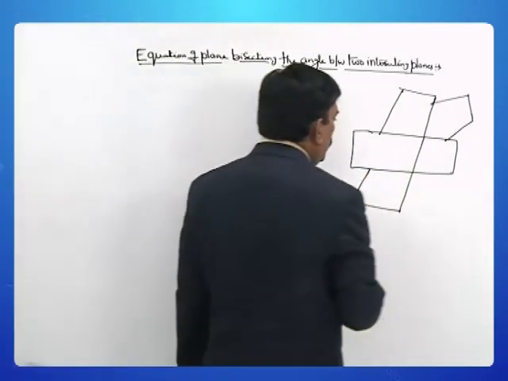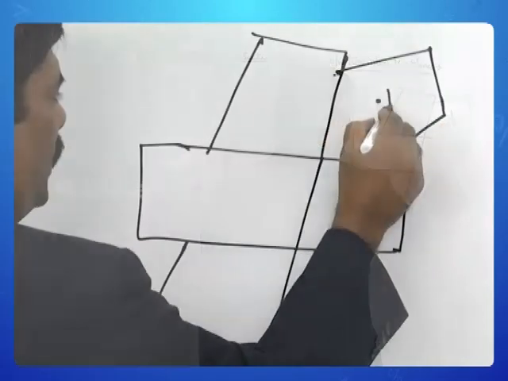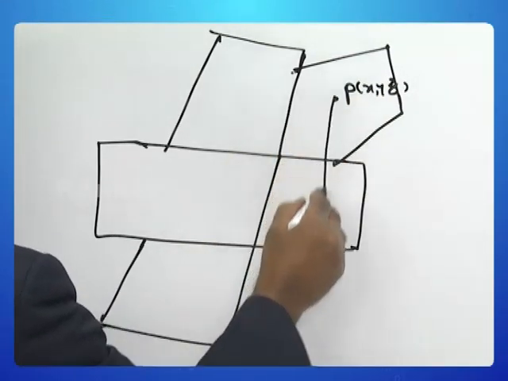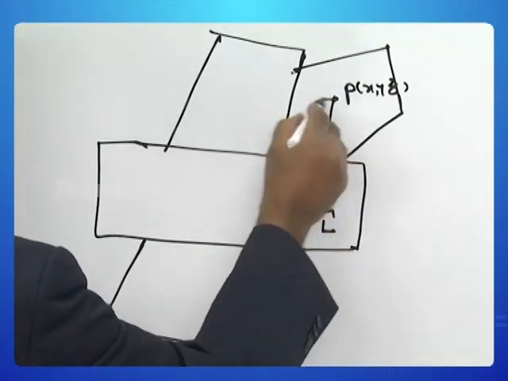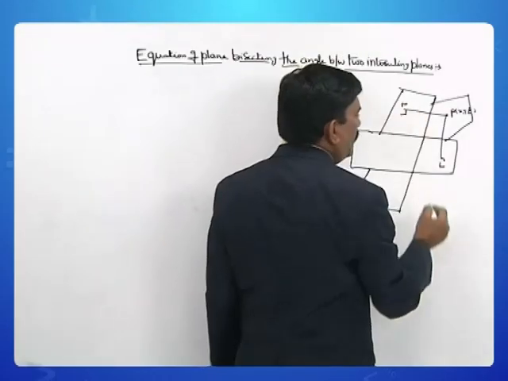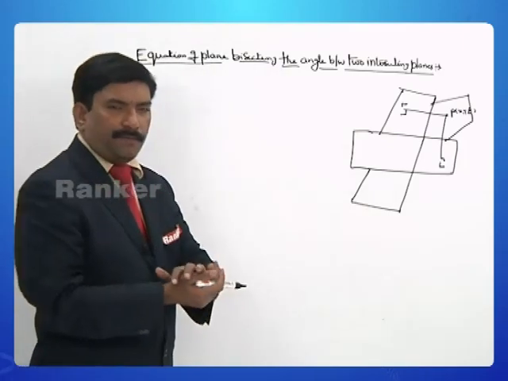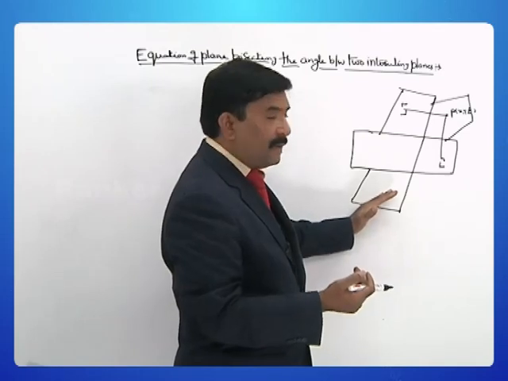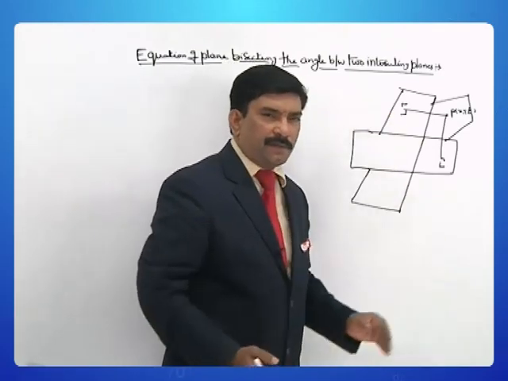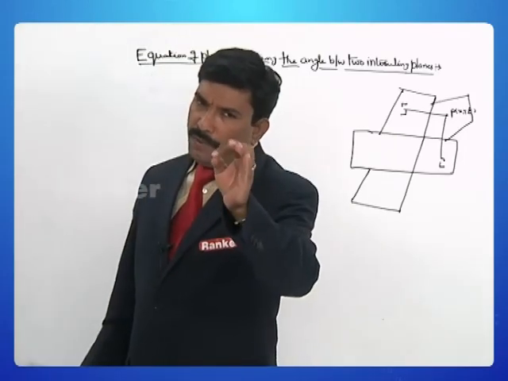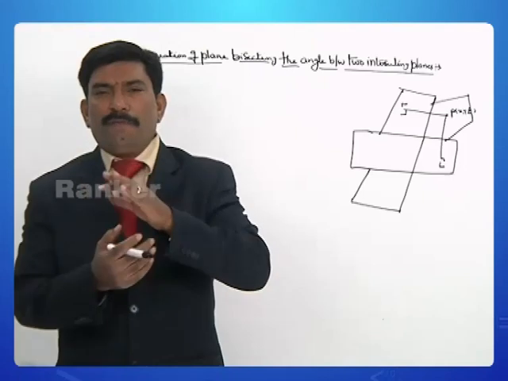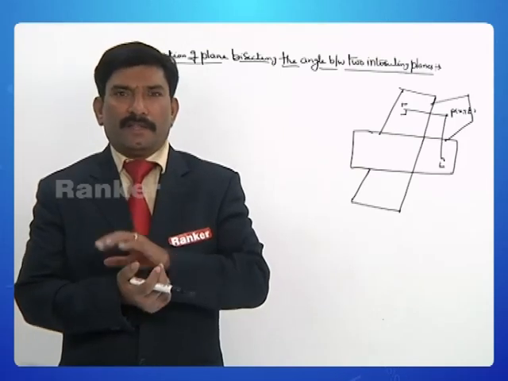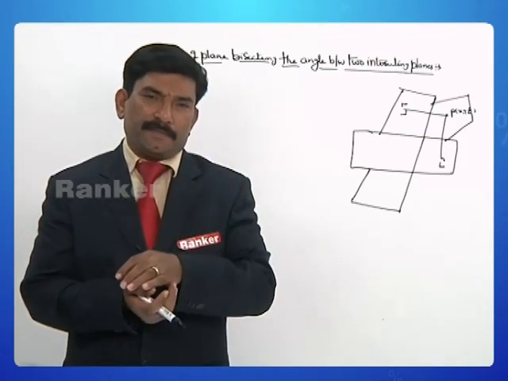So now you take a point, this is a bisecting plane. You draw a perpendicular, you take this as L. You draw a perpendicular, you take this as M. So this is one plane, this is another plane. These are the two intersecting planes. For these two intersecting planes, I want to find a plane bisecting the angle between the two planes.